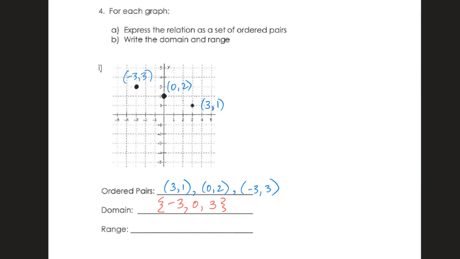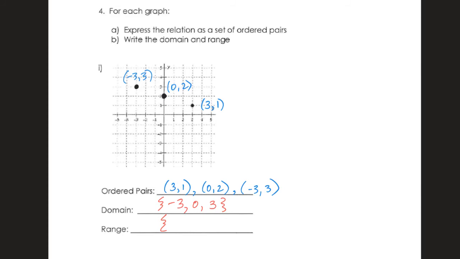My range has y values of 1, 2, and 3. Notice that if I wrote those down left to right, then I would have written down my 3, my 2, and my 1, and we know that that's bad form.